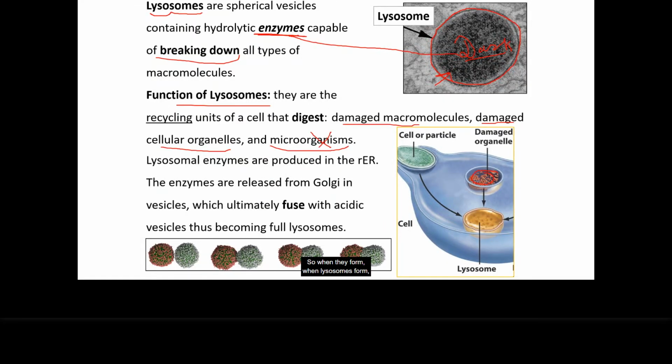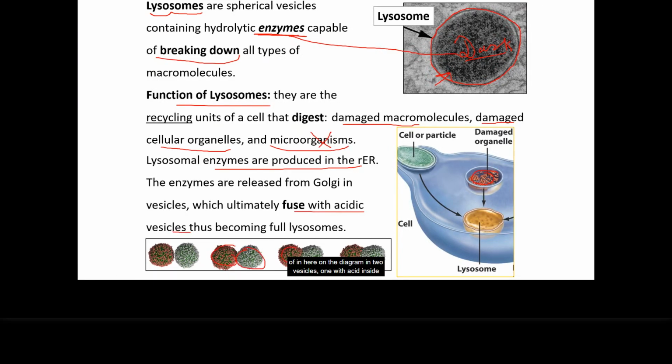So when lysosomes form, enzymes are produced in the rough endoplasmic reticulum first, then these enzymes will be fused with specialized very acidic vesicles, which is shown in here in the diagram.